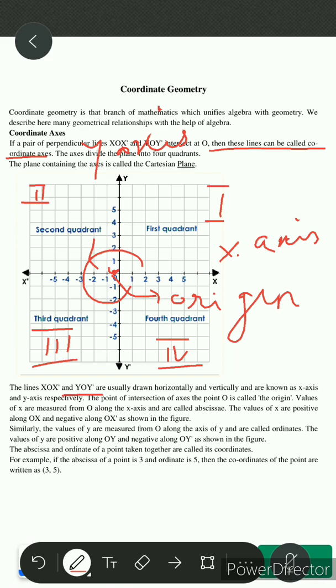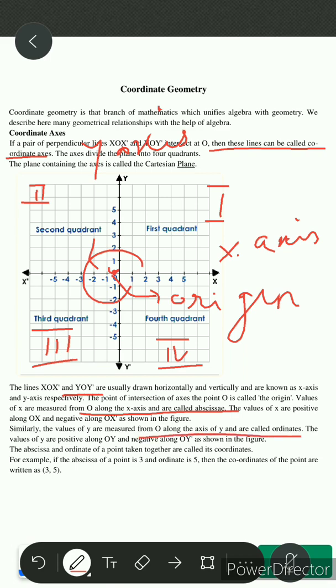The values of x are positive along OX and negative along OX dash. The values of x measured from O along the x-axis are called abscissa, while the values of y measured from O along the axis of y are called ordinate.